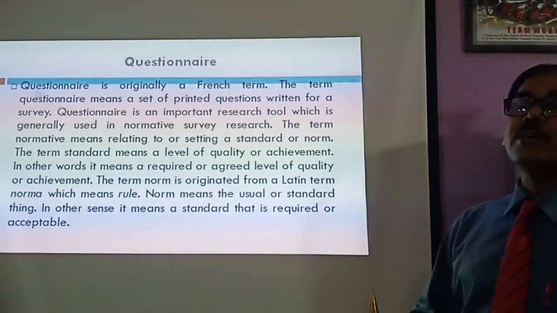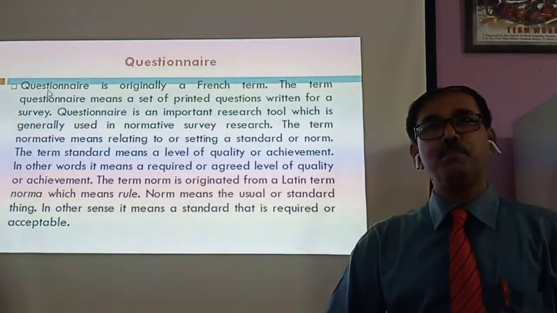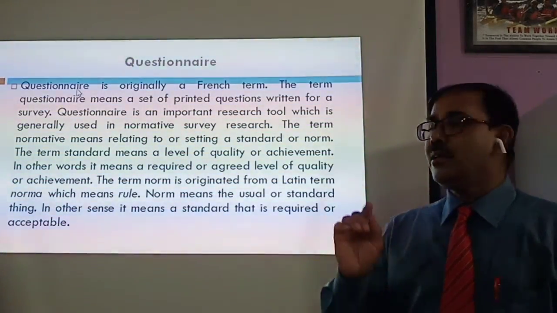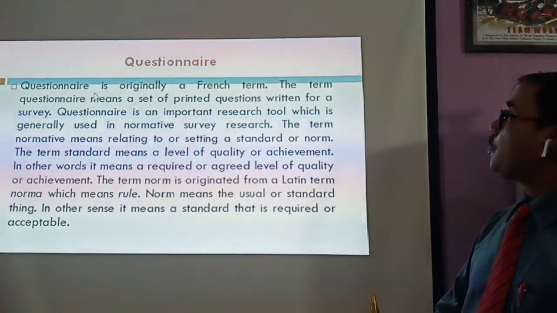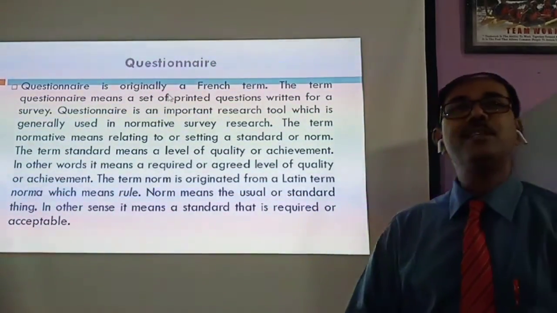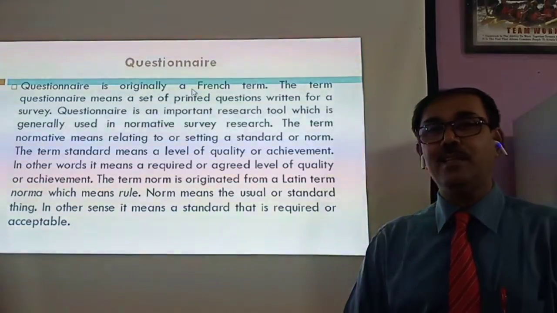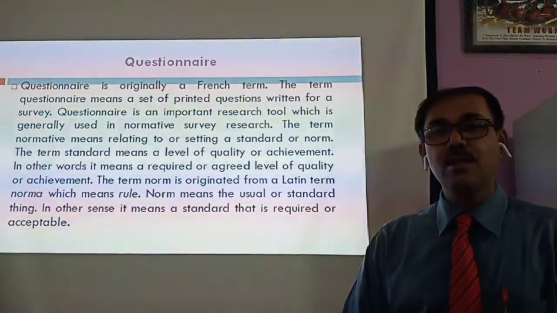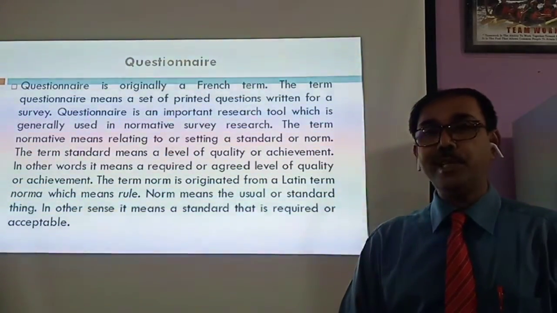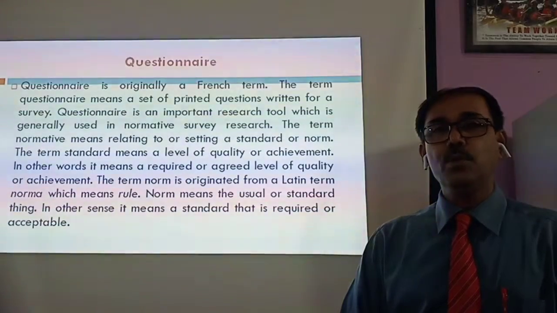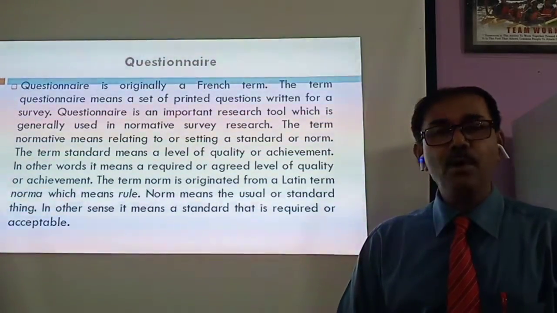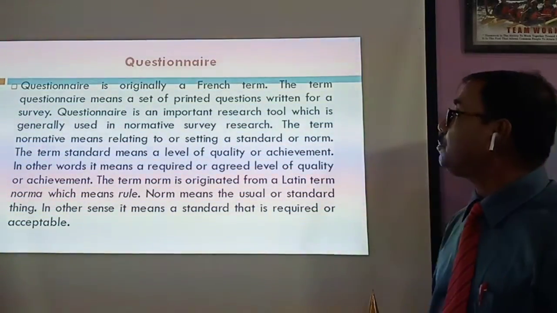Now we are to understand, this is very much important, the concept of questionnaire has special importance because most of the researchers apply questionnaire as a tool for the collection of necessary research data.